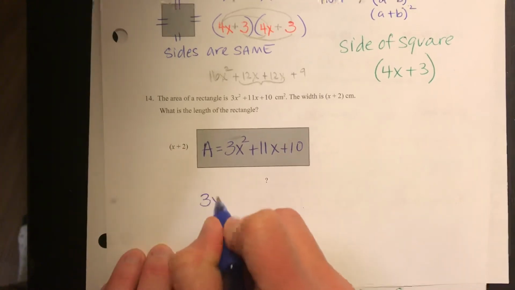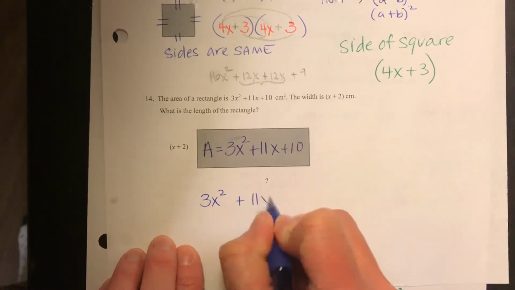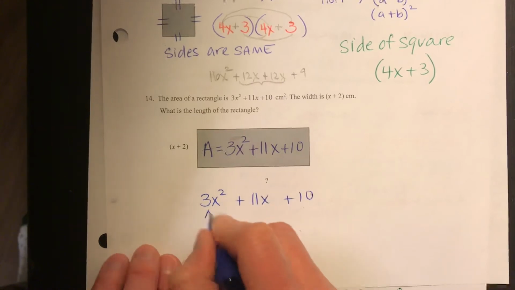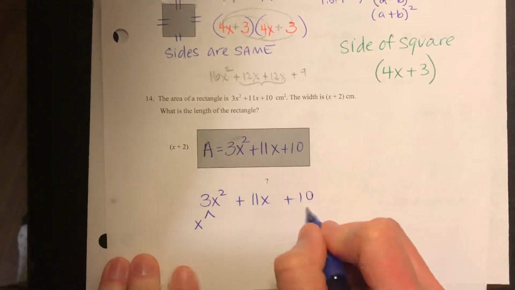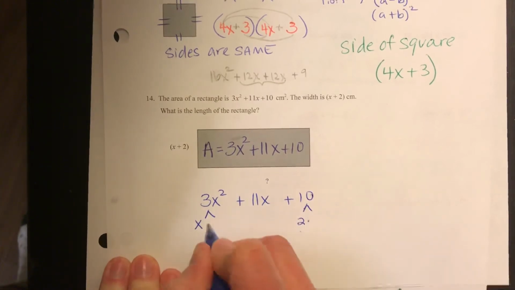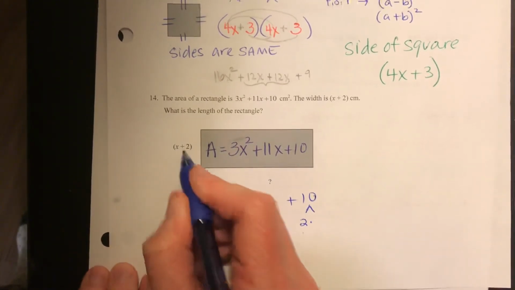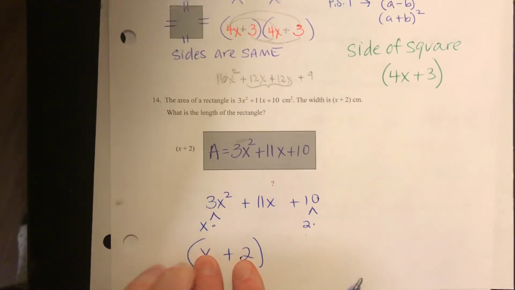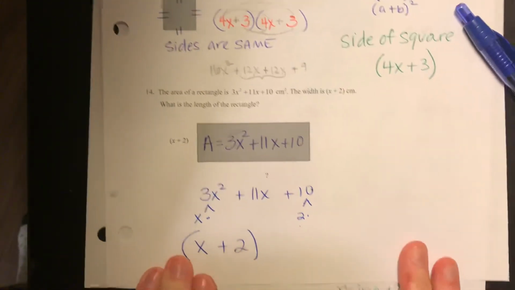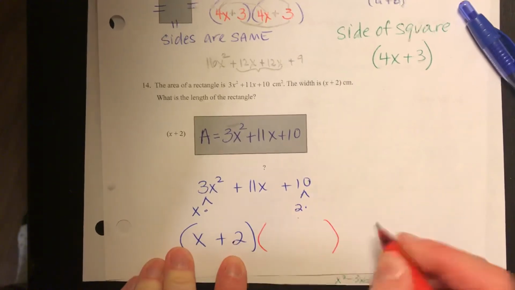So your 3x squared plus 11x plus 10 has to use this factor x and has to use a factor of 2. So what would the other factor have to be if one of the factors given is an x and a 2? So this is kind of how I showed you in the notes, and I'll review that here.